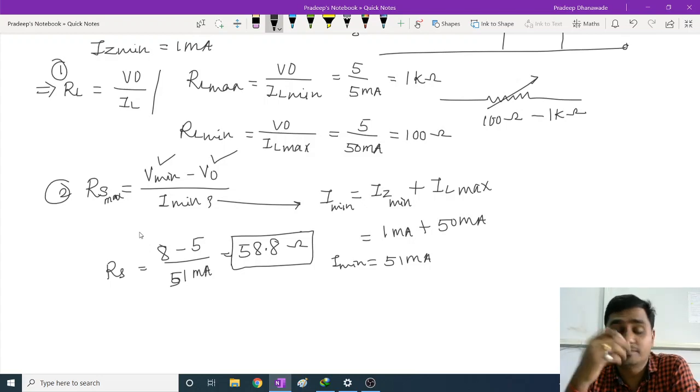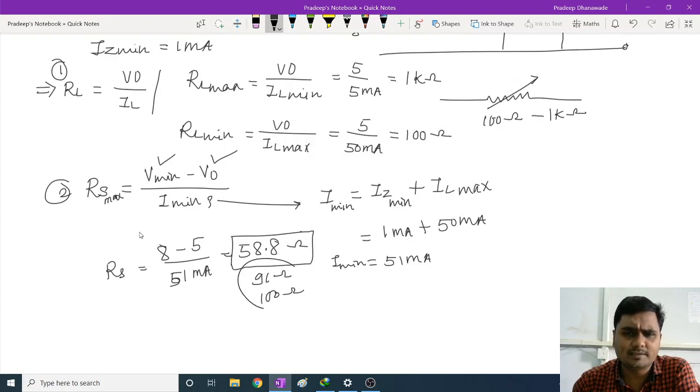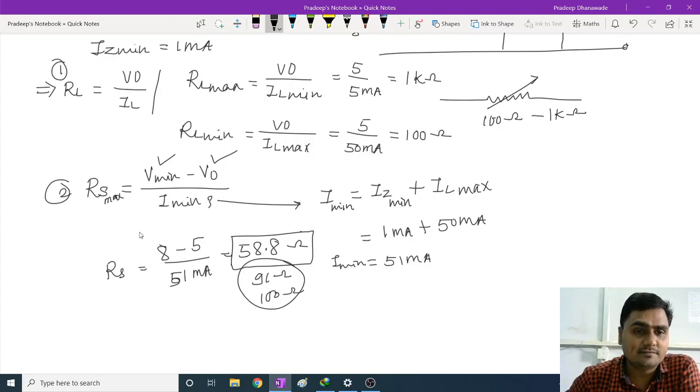It is not possible. So obviously we have to select a nearby value. Whatever nearby value you get in your lab, maybe 61 ohm, maybe 91 ohm, maybe 100 ohm, connect it as RS and go ahead. So this is how we finish the second part, that is selection of resistor RS.